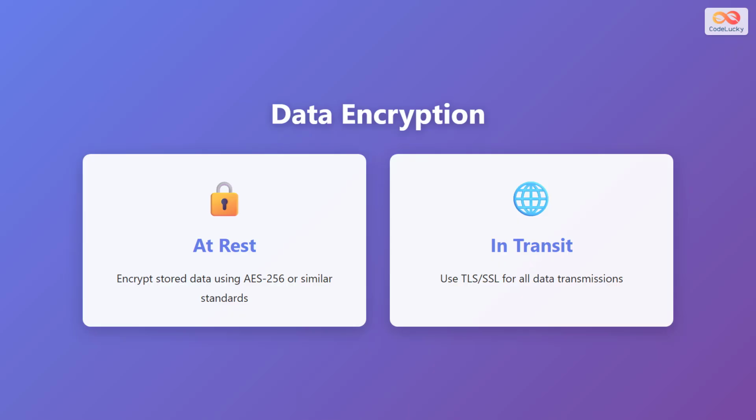Second is encryption in transit, which protects data as it moves across networks between your users, applications, and services. Always use TLS or SSL protocols for all data transmissions to prevent interception and eavesdropping. Together, these two encryption approaches ensure your data is protected throughout its entire lifecycle.